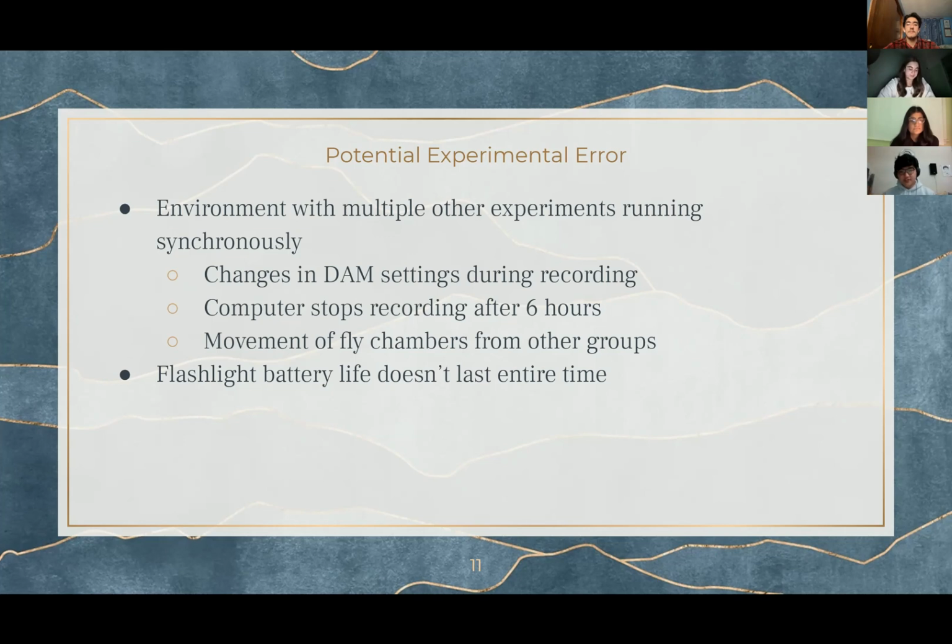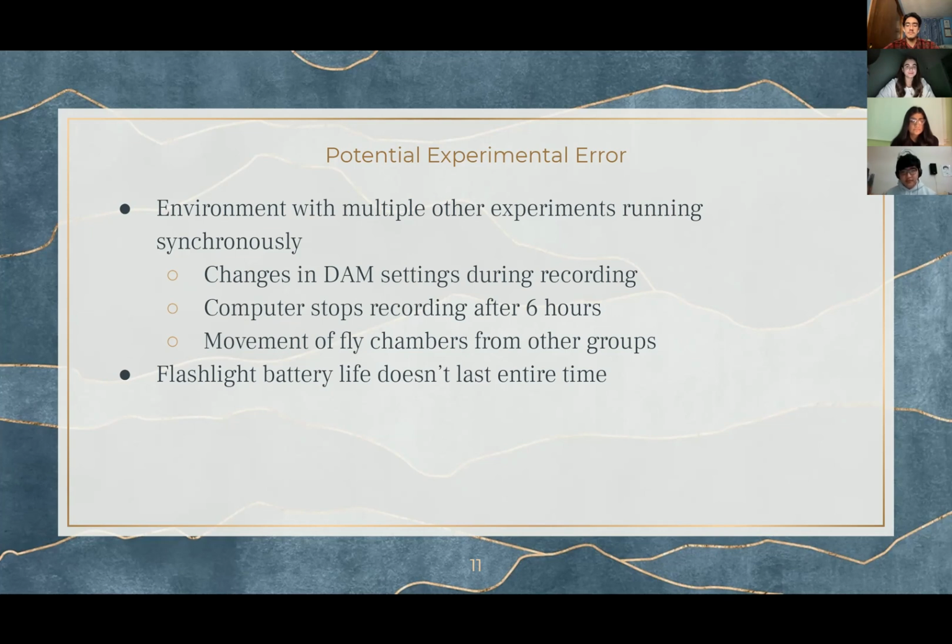The first thing that may have affected our data is the changes in settings that other groups sometimes made during the recording period while we weren't there. That could have affected our data, as well as the fact that the computer stops recording after 6 hours following whenever it last goes to sleep. And then there may have been movement of the fly chambers from the other groups who were also inserting and taking out their flies from the monitor.